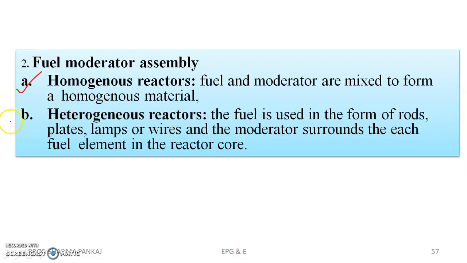Second one is heterogeneous reactors. What are heterogeneous reactors? The fuel is used in the form of rods, plates, lumps, or wires, and the moderator surrounds each fuel element in the reactor core. This kind of arrangement is called heterogeneous reactors.